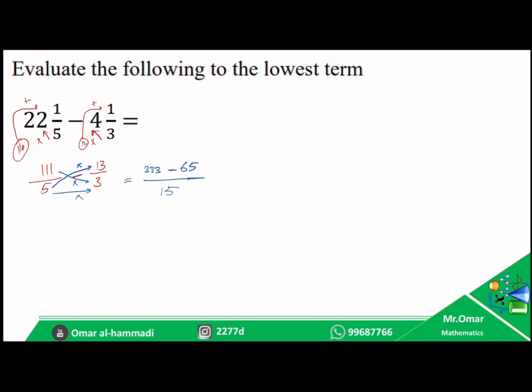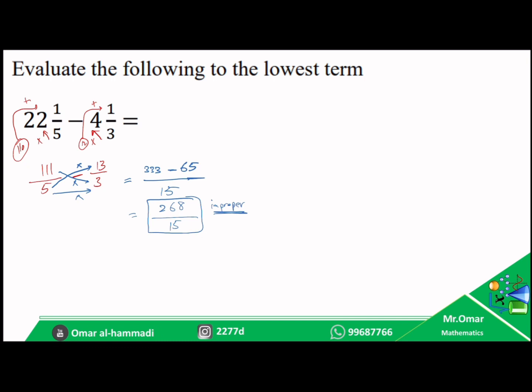Now we have to subtract 333 minus 65. It will give us 268 divided by 15. And this is in the lowest terms. But it is an improper fraction. Now how do we change it?